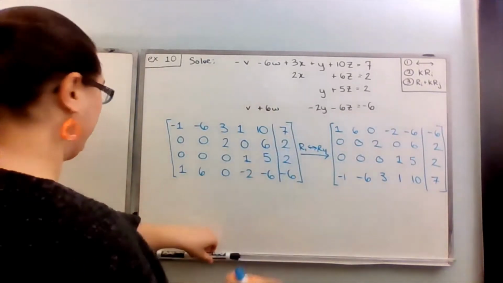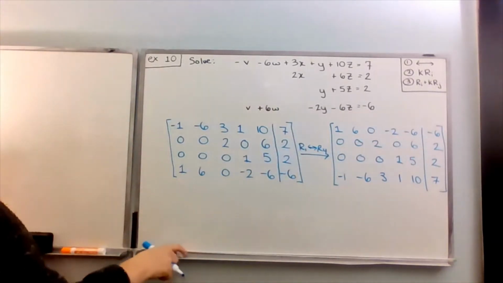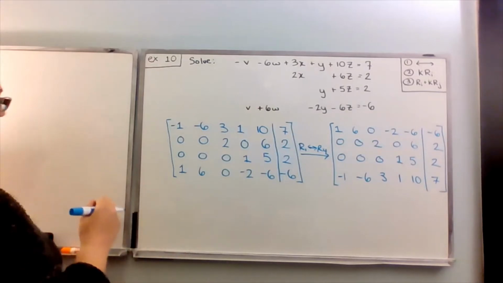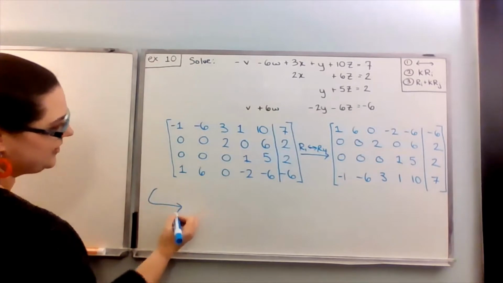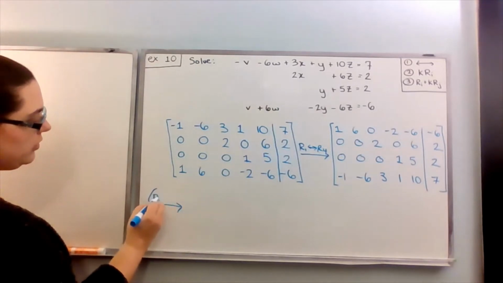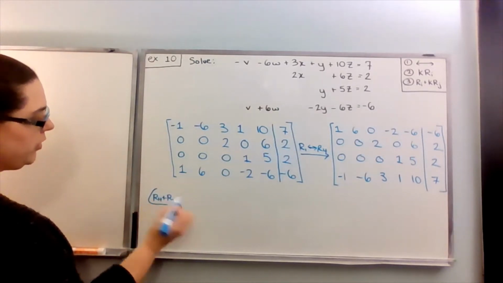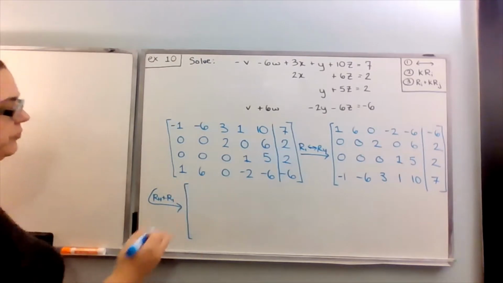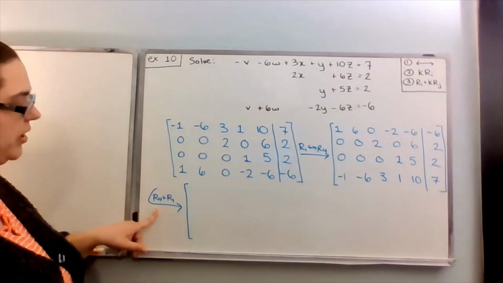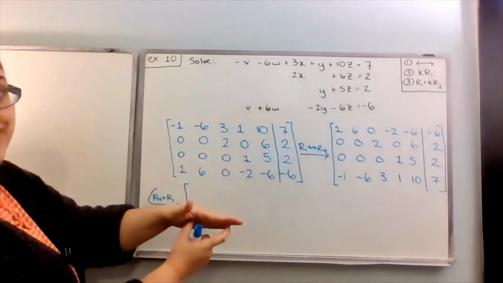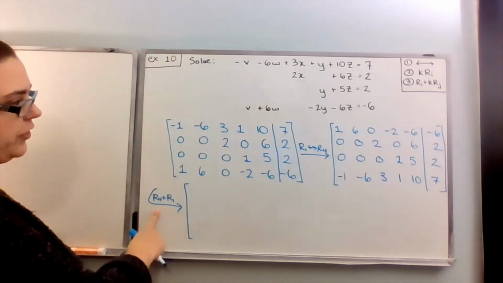Let me move these out of the way. There's some more space to write. So we're going to get row 4 plus row 1. When we do this, we're going to write the row that we're changing first. So because we're taking row 4 and 1 is being added to it, we're going to write that one first.